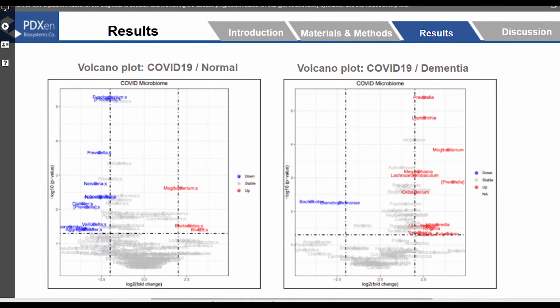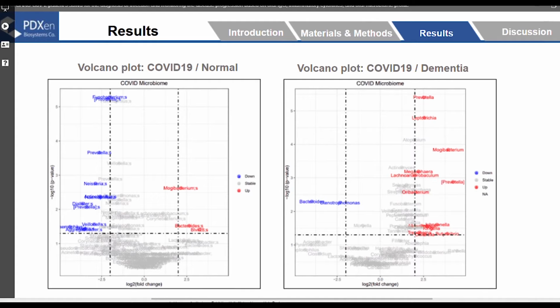We are still undergoing those investigations right now. But why are old people very easy to infect by COVID-19? We checked the microbiome, and when infected, certain microbiomes increase highly compared to normal, depending on age.